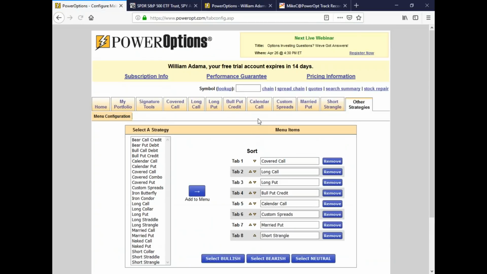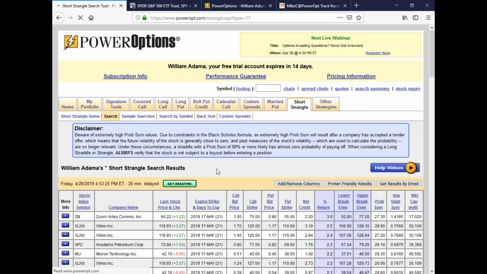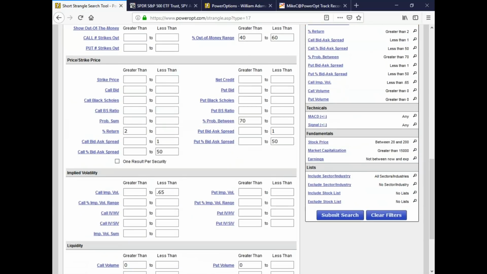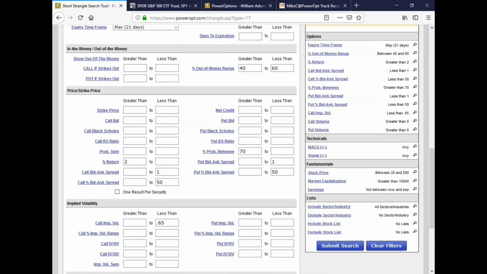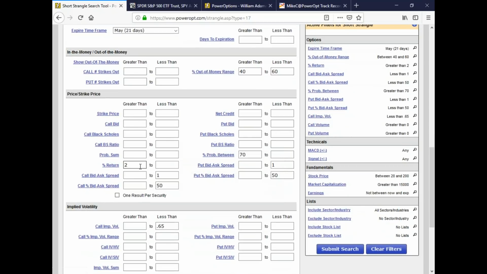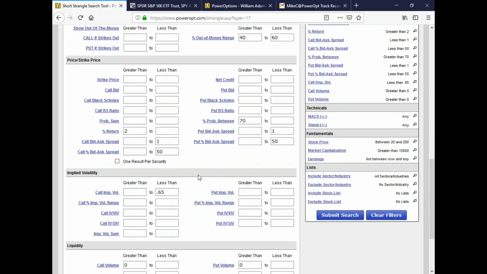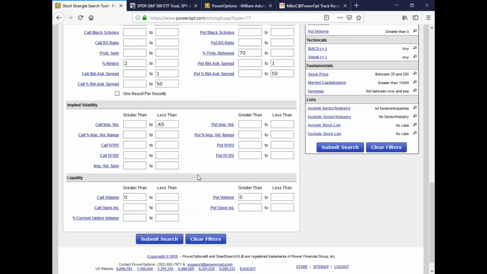Now, the short strangle criteria doesn't have a delta filter right now where I can put in the delta sum on the position. I thought I had something here for the individual deltas, and that's what I was looking for, but I don't see it on this one. Maybe it's on the straddle.